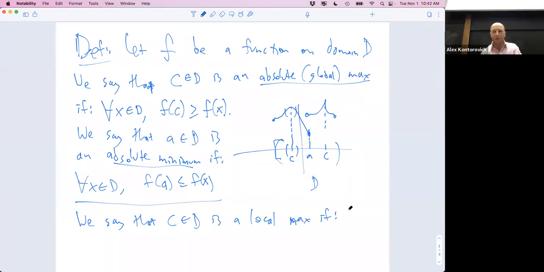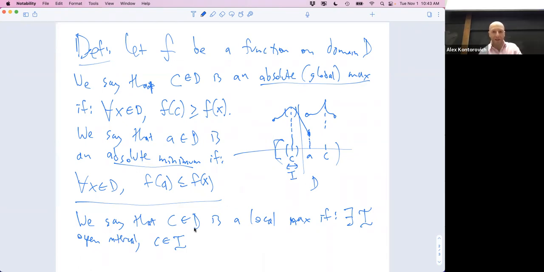So if there exists an open interval, let's say I, and that open interval should contain C, of course. C is in I. Open means that I have round parentheses.